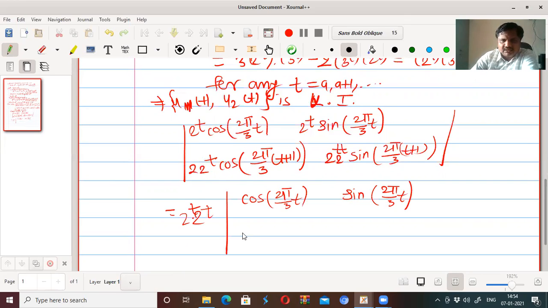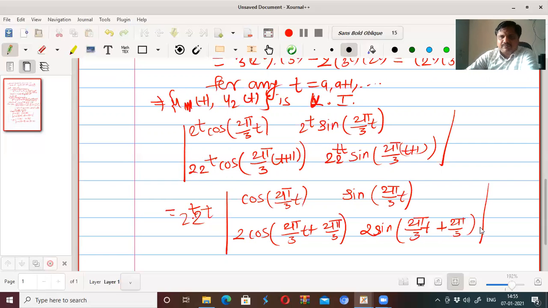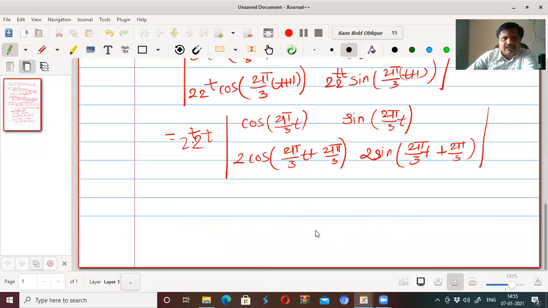So we get here 2 into cos of 2 pi by 3t plus 2 pi by 3, 2 into sine of 2 pi by 3t plus 2 pi by 3. It is like this. Now, which is equal to?